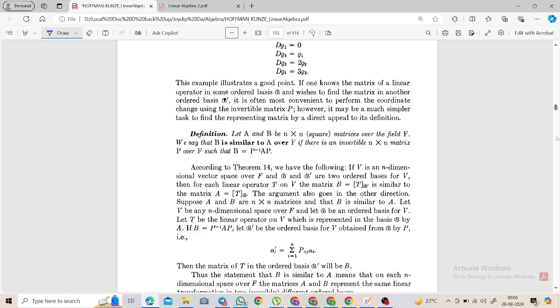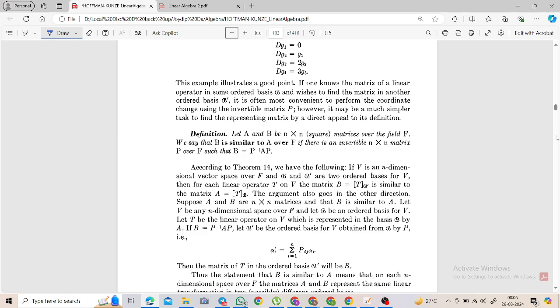So already you have seen that, two matrices of the same linear transformation with respect to different bases. Suppose T is a linear transformation. A is the matrix of T with respect to the basis beta, and say A prime is the matrix of T with respect to the basis beta prime.